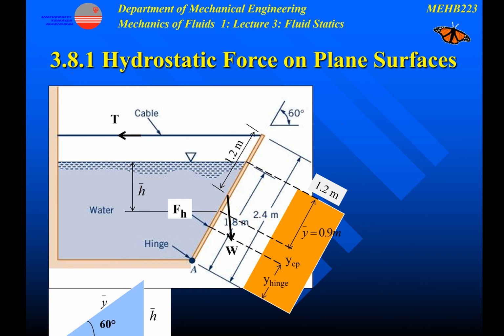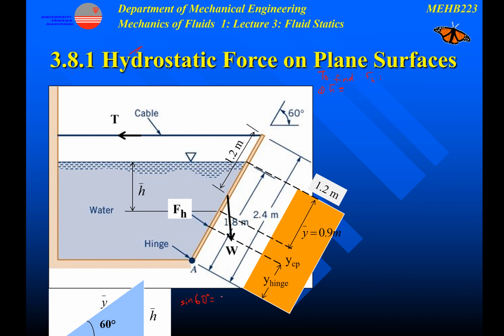The first thing you need to do is to find FH. To find FH, first find h bar, the vertical distance from the water surface to the centroid.